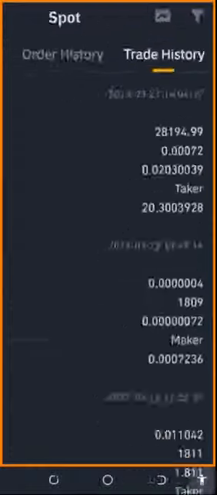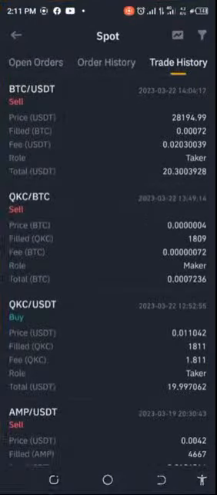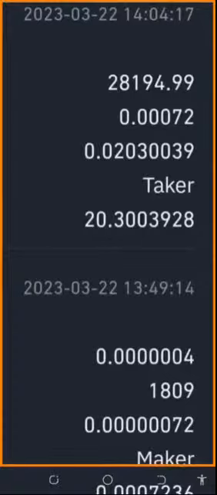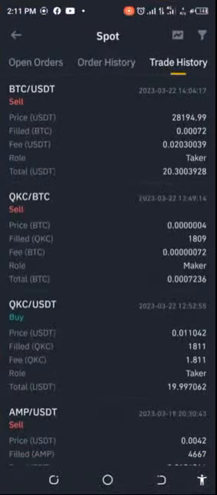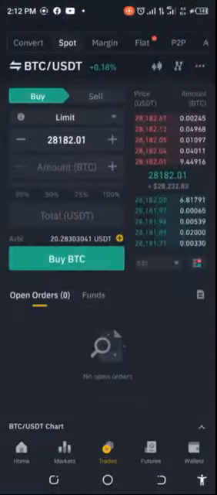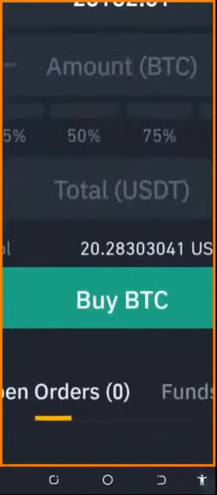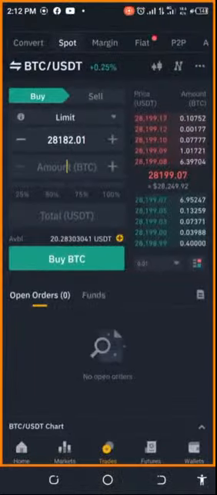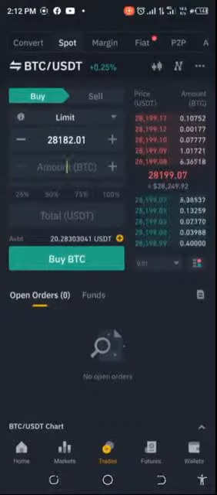That's the reason why. The total USDT plus the fee was 20.30. But when they took out their 2 cents, that's why what we have here is 20.28. So just remember that the fees were taken out.